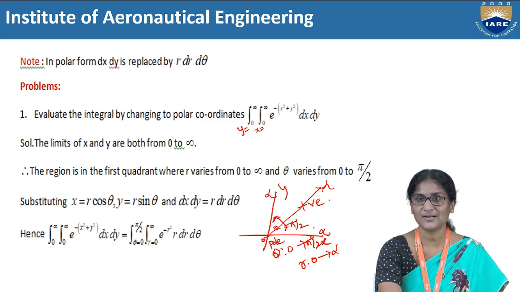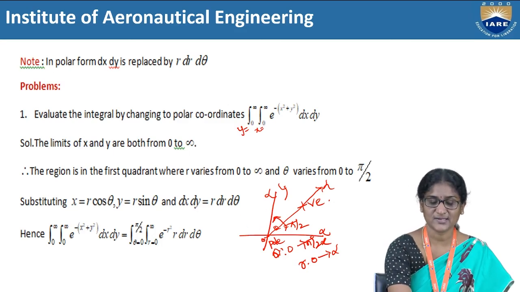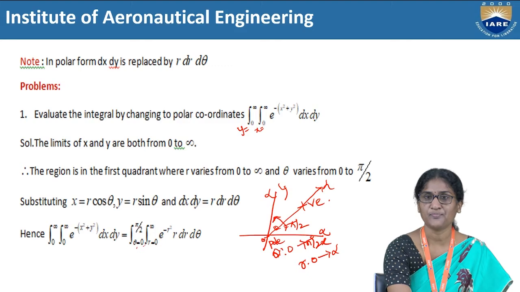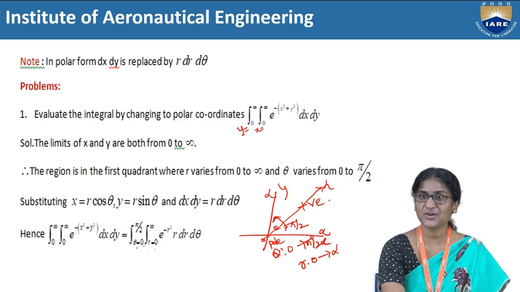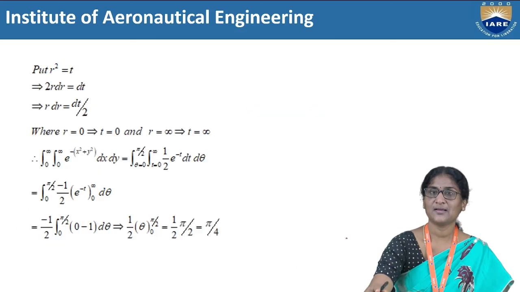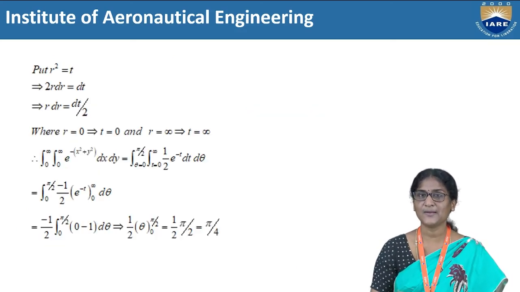In the first quadrant, the θ value changes from 0 to π/2, and r raises from 0 to infinity. How did I get it? The radial vector starting from the pole tends to infinity, because we don't have any bounded region here. So r raises from 0 to infinity are the new limits. Now I'll start integrating.